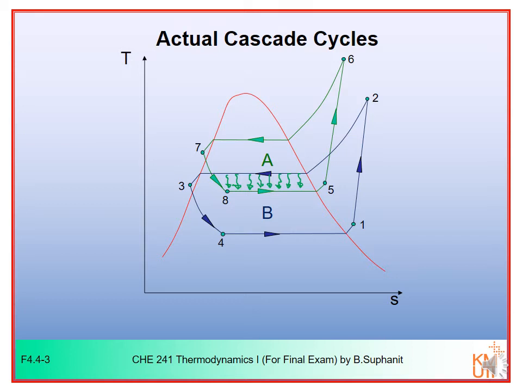So the temperature of cycle B must be higher than the temperature at this point in cycle A. So it means that 2 to 3 would have to be at higher temperature than 8 to 5. So this is the actual cascade cycle.